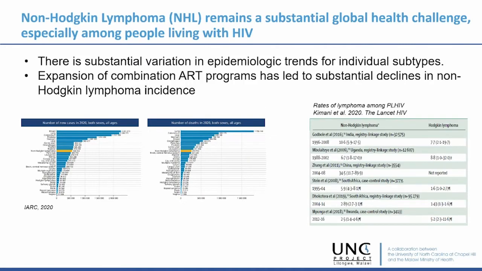Non-Hodgkin lymphoma remains a substantial global health challenge, and people living with HIV carry an even higher risk compared to the general population. This is especially notable for high-grade types such as Burkitt lymphoma and primary CNS lymphoma. Several HIV-related factors affect the magnitude of this increased risk, and this magnitude also differs between non-Hodgkin subtypes.